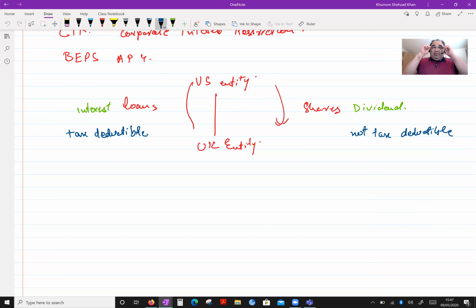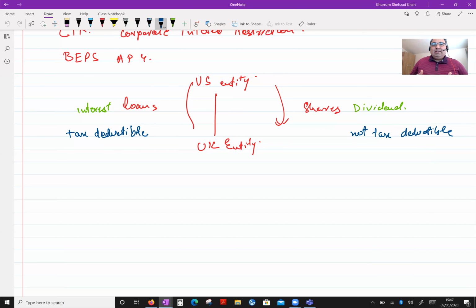However, even then, there was a lot of debate that because more economic activity takes place in the UK entity, the UK economy has more rights as compared to the US economy. Therefore, now there is a consensus under the BEPS plan.